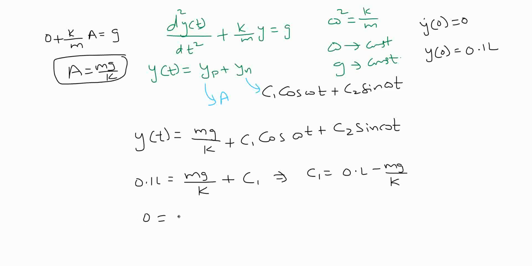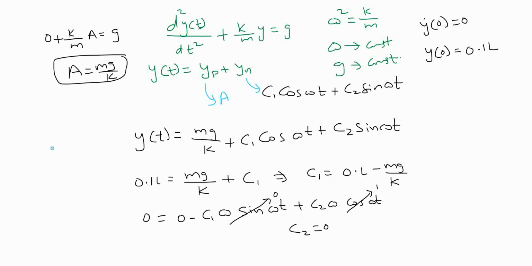When we differentiate, mg by k will be 0, plus c1 cos omega t will be minus c1 omega sin omega t, plus c2 omega cos omega t. Now we substitute t is equal to 0, then this will go to 0 and this will go to 1. From this we get c2 equal to 0.